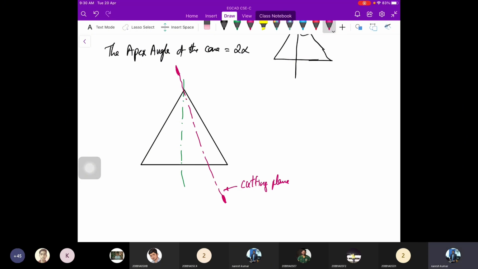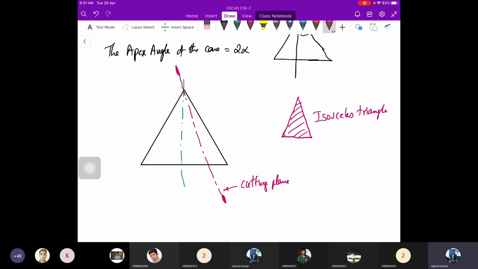If we cut with some angle, we'll get something like a triangle. This section is called a triangular section, and this triangle will be an isosceles triangle.